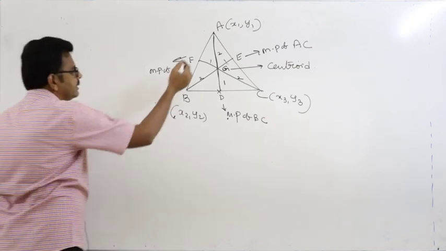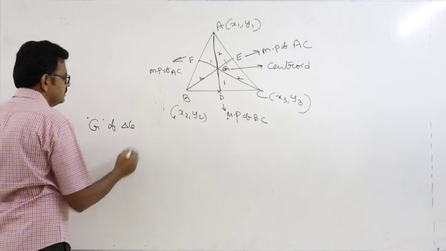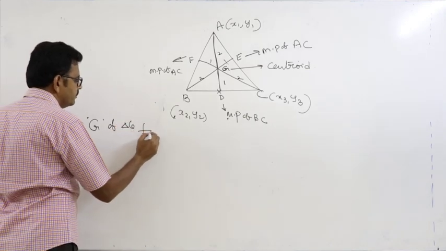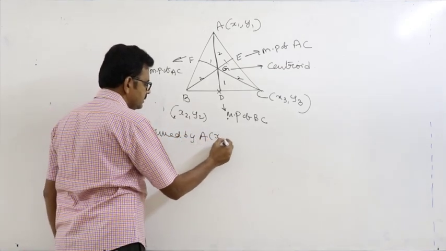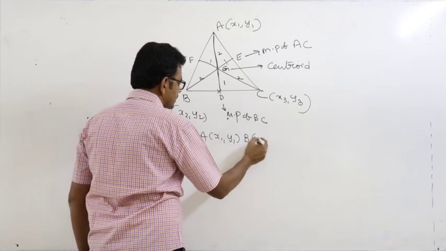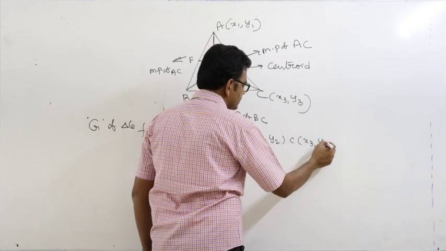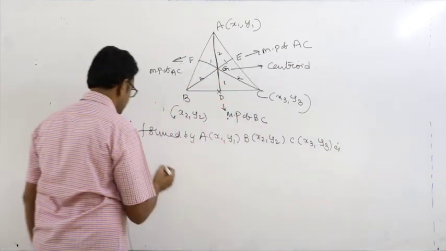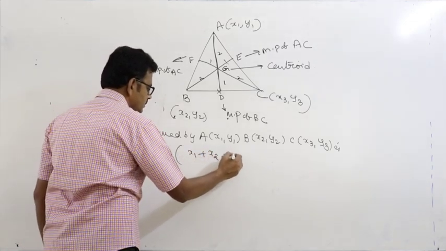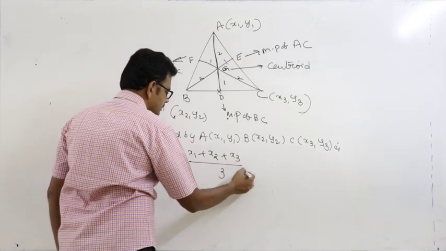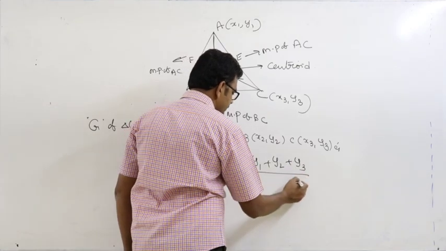Now, the centroid of triangle formed by A x1 comma y1 and B x2 comma y2 and C x3 comma y3 is centroid G is x1 plus x2 plus x3 by 3 comma y1 plus y2 plus y3 by 3.